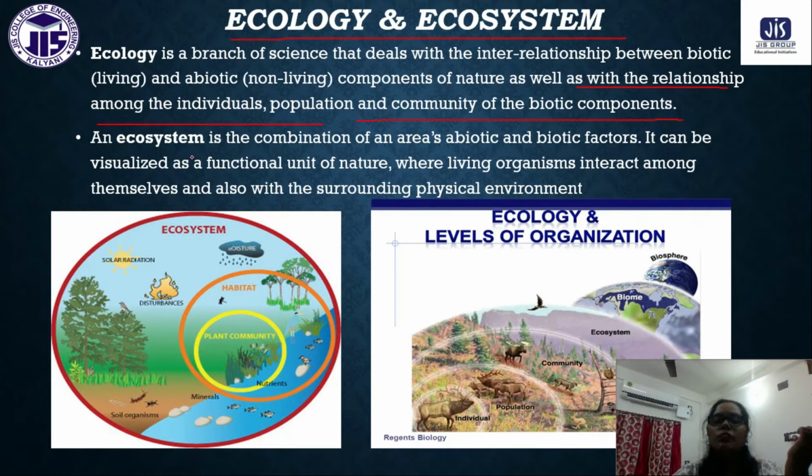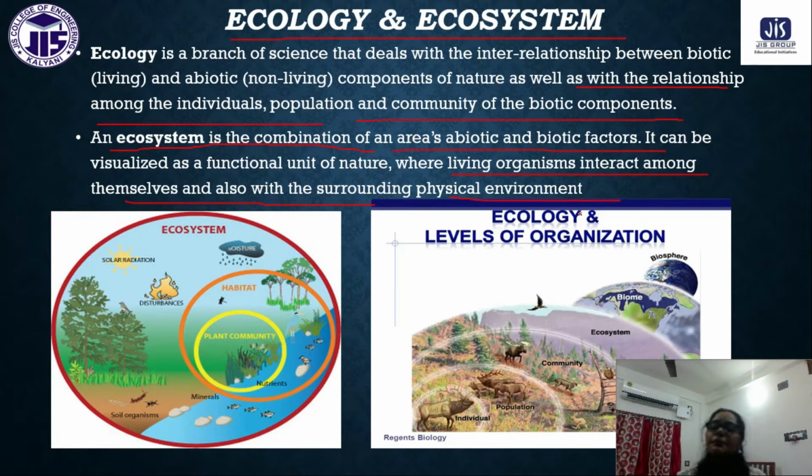Now, what is ecosystem? Generally, ecosystem is the combination of an area's abiotic and biotic factors. It can be visualized as a functional unit of nature, where living organisms interact among themselves and also with the surrounding physical environment.